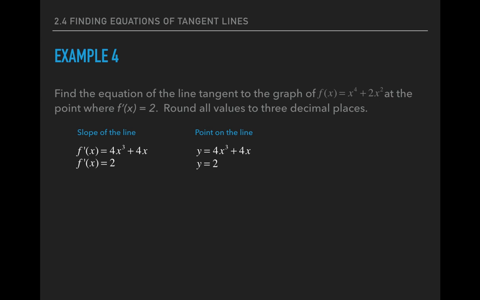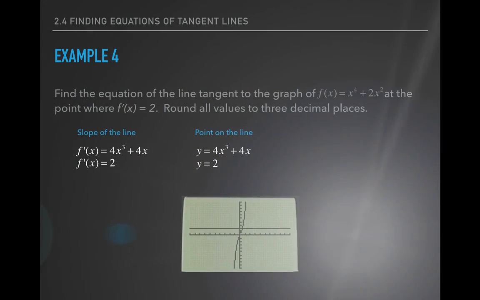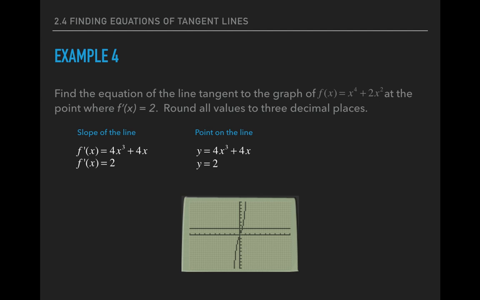So we are searching for the intersection, and that will give us the x value where the derivative equals 2. So graphically it looks something like this when you graph those two. And you can see the intersection, but it's not a nice integer value.